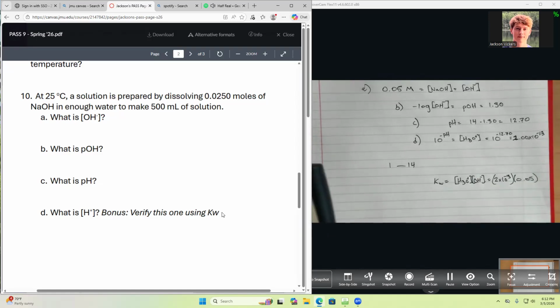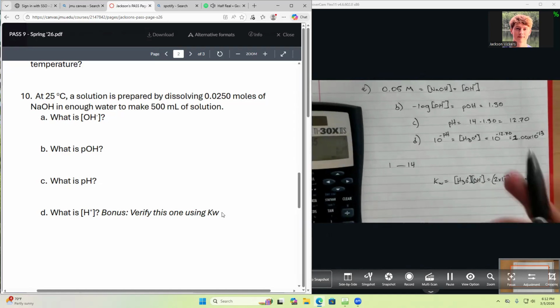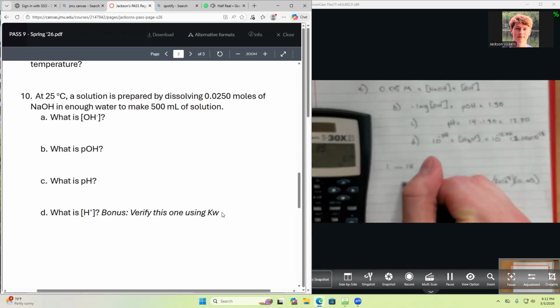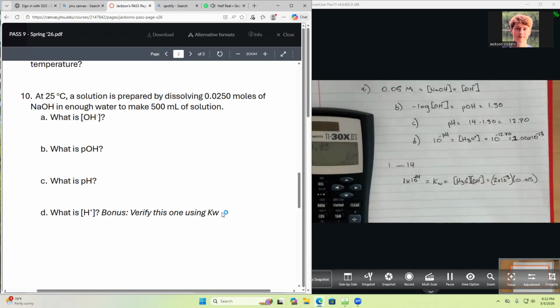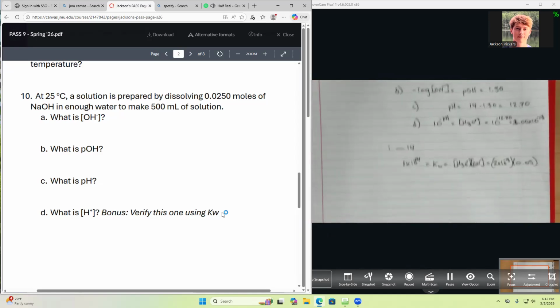Plug that into our calculator. And look at that. Lo and behold, it's 1 times 10 to the minus 14. Kind of a good way of making sure all of our work is good.